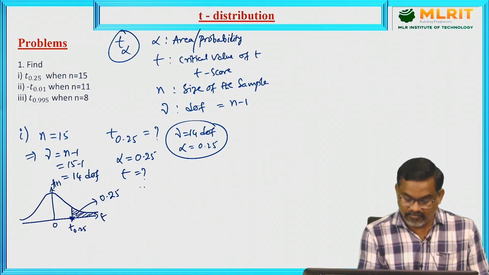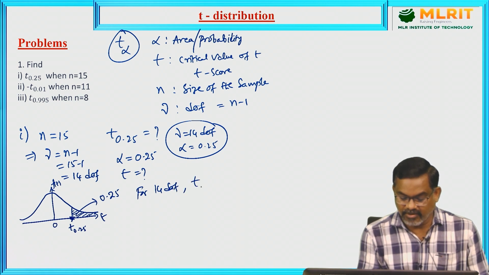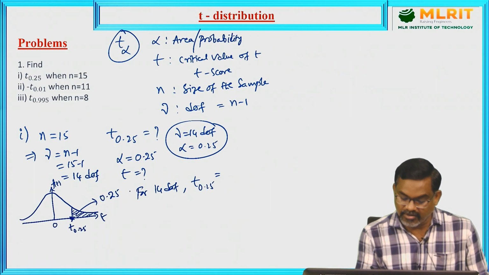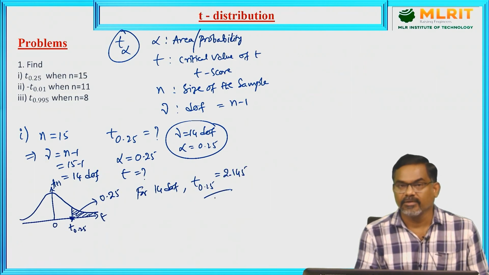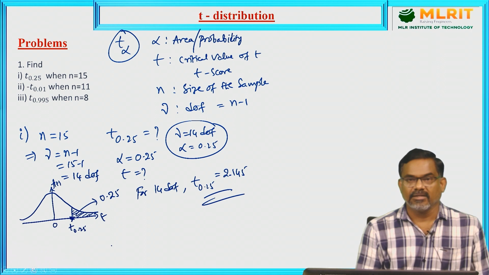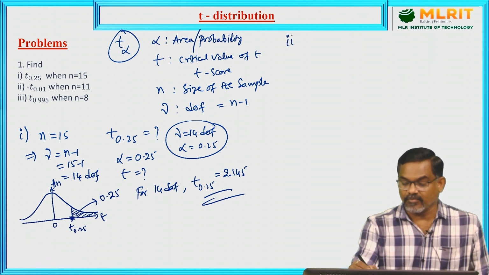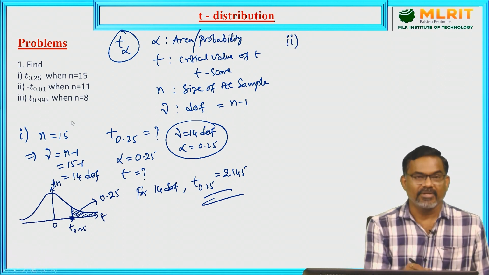So, for 14 degrees of freedom, t 0.25 is 2.145. Similarly, we can find the remaining values also. In the first problem, the areas are given, we need to find t value.